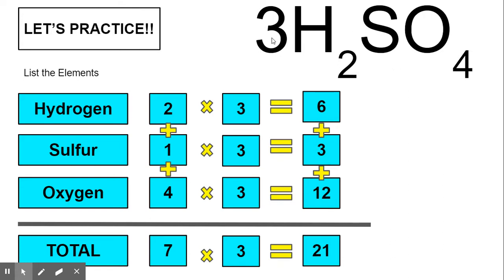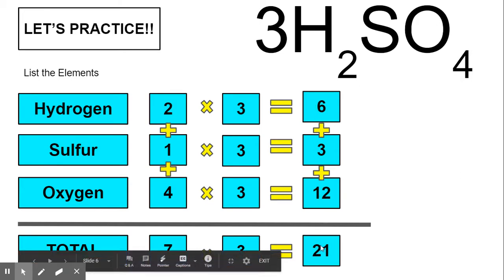So you have to be able to multiply each individual element by the coefficient. So 3 times 2 is 6 hydrogens, 3 times 1 is 3 sulfurs, and 3 times 4 is 12 oxygens. So again, if we add those all up, we come to 21.